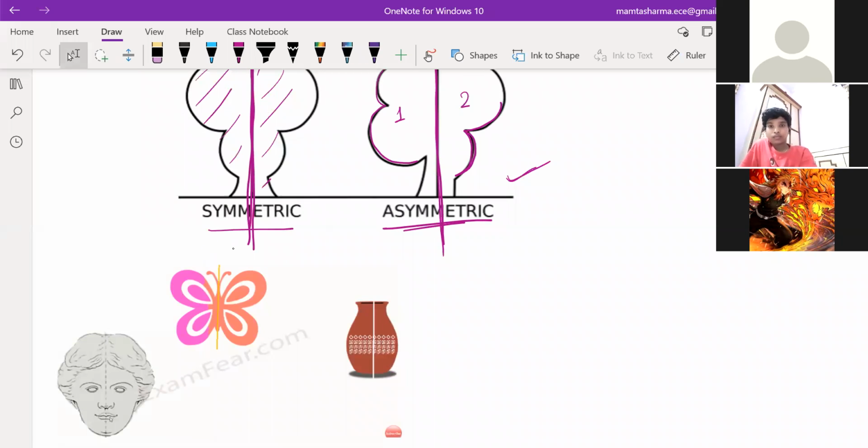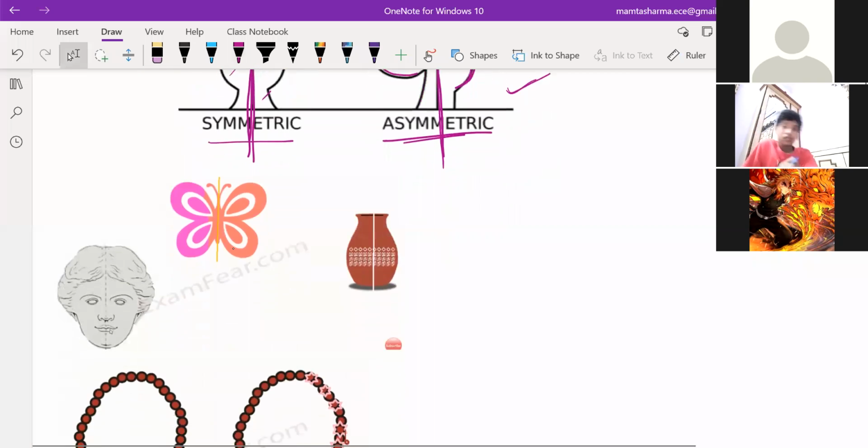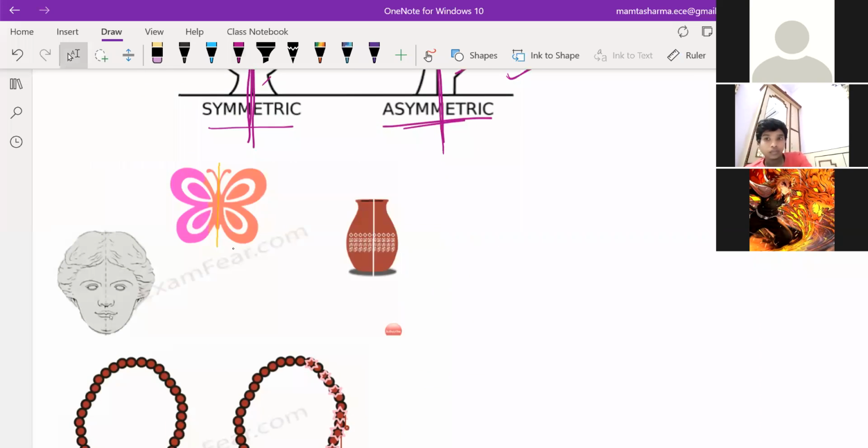Now, even in natural drawing also you could see many examples of symmetry. Like the human face itself is an example of symmetry. This is your face.